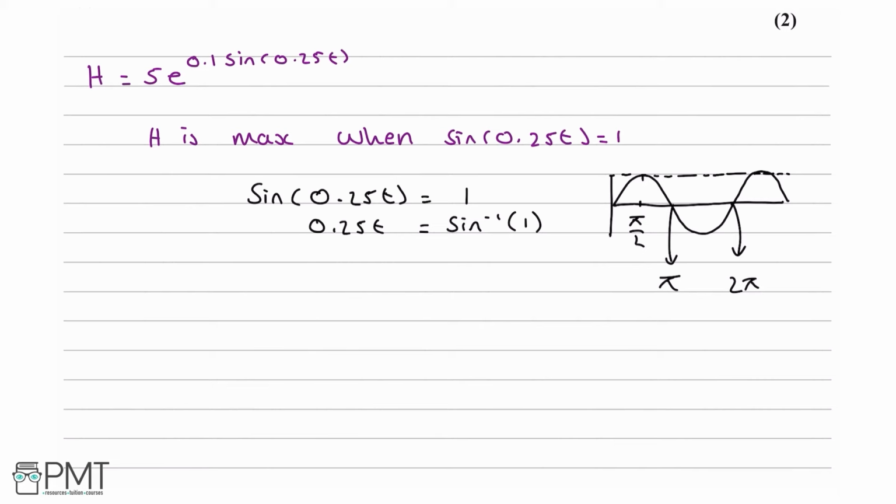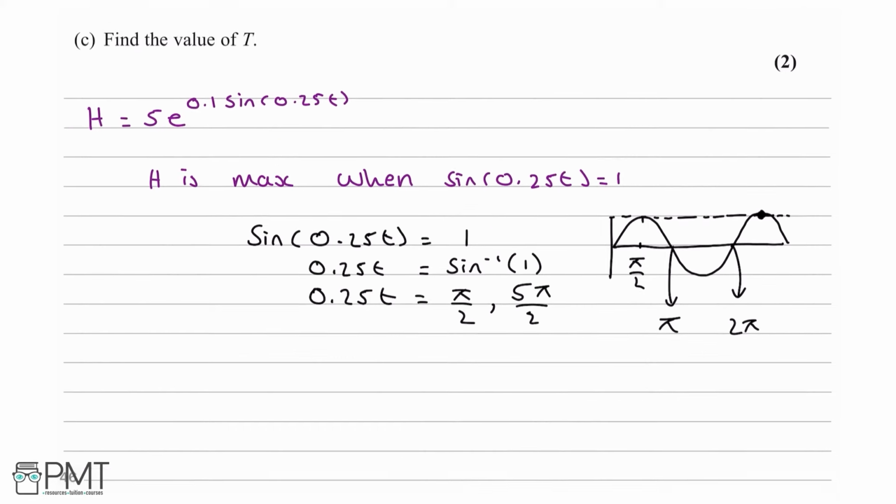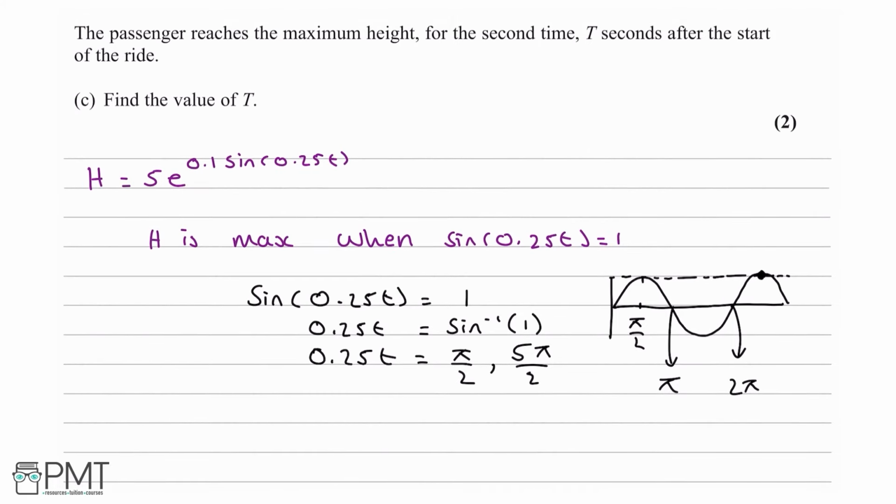We can see here that 0.25t would either equal pi over 2, which is the first t, or it would equal pi over 2 plus 2 pi, i.e. this point here, so pi over 2 plus 2 pi is 5 pi over 2. Now, our question said the passenger reaches the maximum height for the second time t.